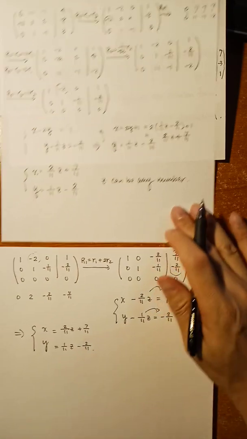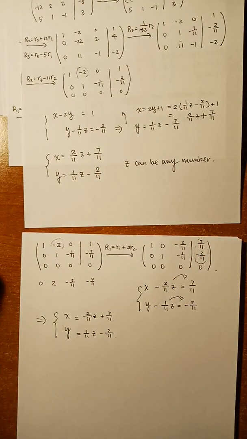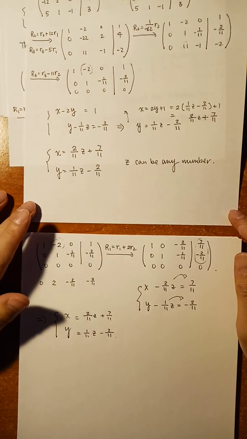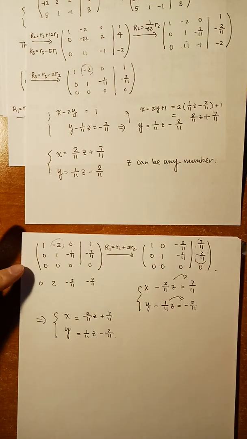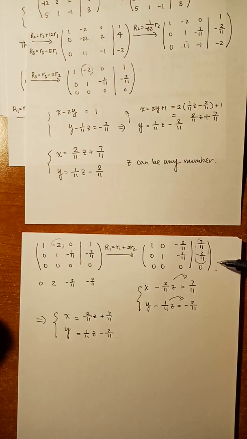So this one is a reduced row echelon form. The previous one is just a row echelon form. You can use either of them.